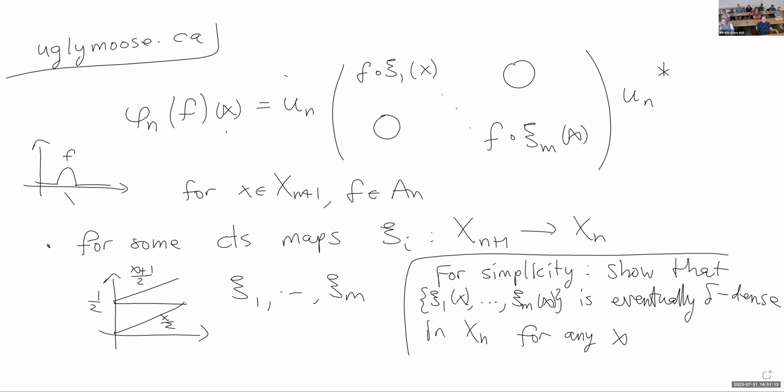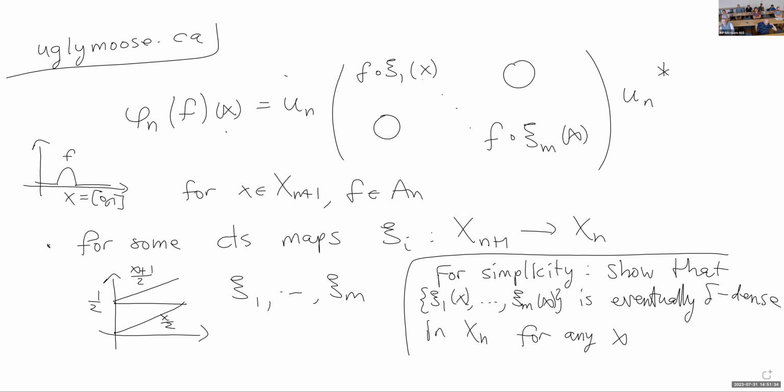Let's say x is the interval. This lives in some ideal, right? The functions that are 0 outside of its support live in some ideal. What I want is that eventually it doesn't live in any ideal. So eventually the support is spread out across the whole interval.